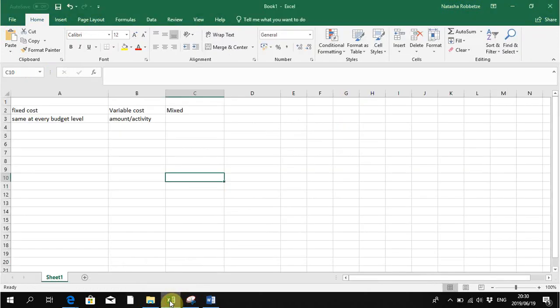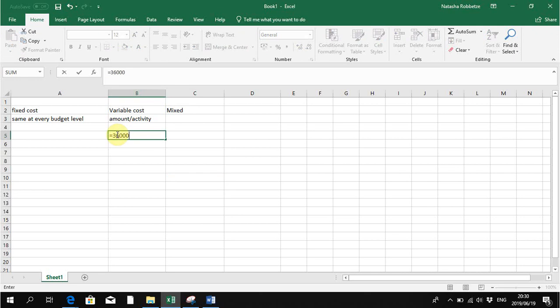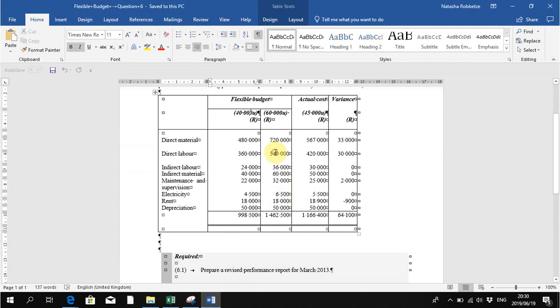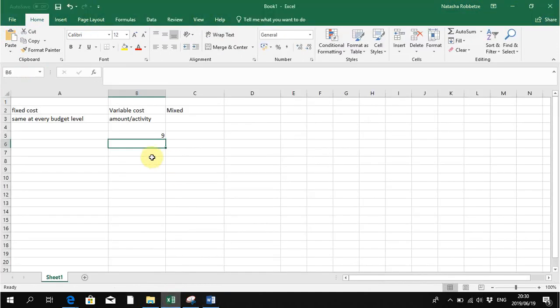If I test it at the first budgeted level, that is 360,000 divided by 40,000 units of activity, and I get 9 rand. If I test it at the other level, which says 540,000 for 60,000 units, what do I get if I apply the same formula?